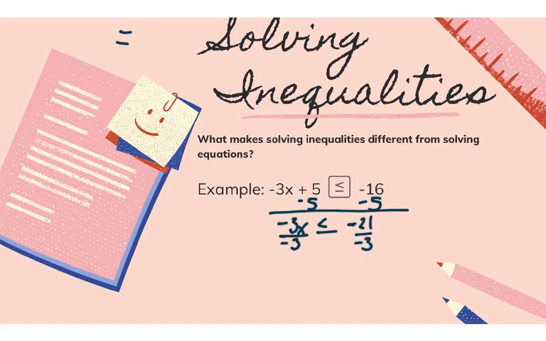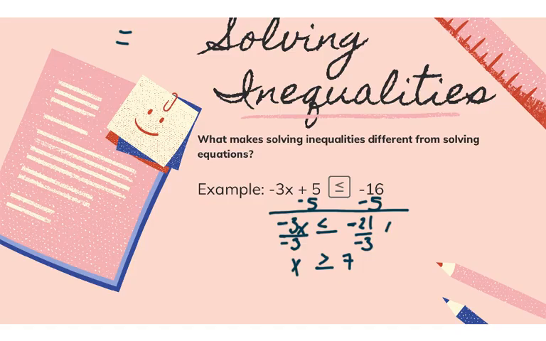But when we do that, that negative tells us to flip our sign. So instead of less than or equal to, it's now going to be greater than or equal to, because we are changing signs when we divide by the negative. So we get x is greater than or equal to positive 7.